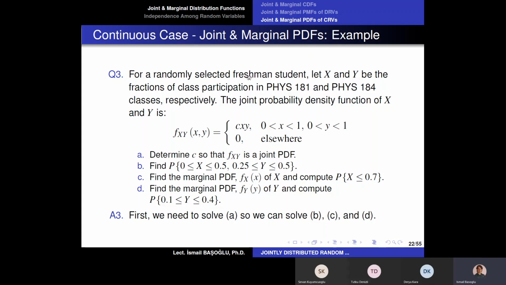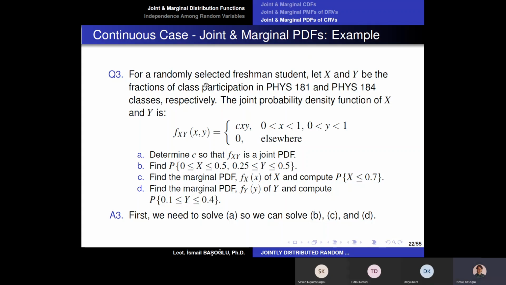Now we are randomly selecting a student, and X and Y are representing the class participation fractions. So class participation percentages are simply percentages, and fraction means it's a value between 0 and 1. It is actually representing the ratio of participation. If the student participates in 100% of the classes, then the fraction of participation is going to be 1.